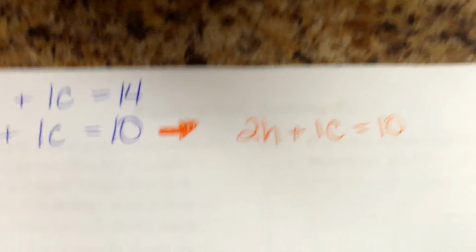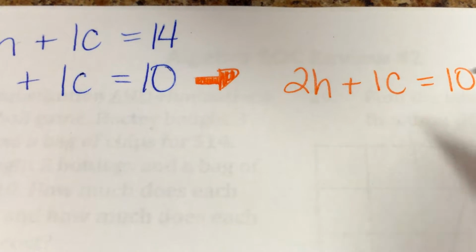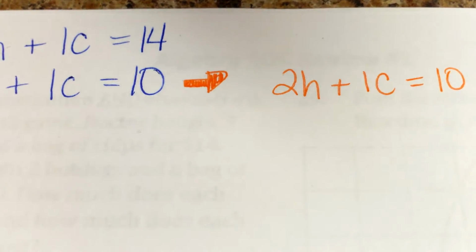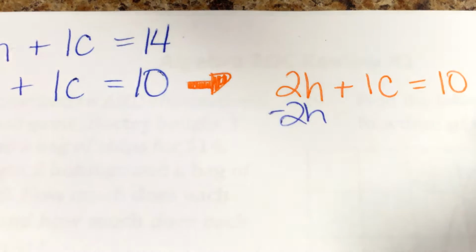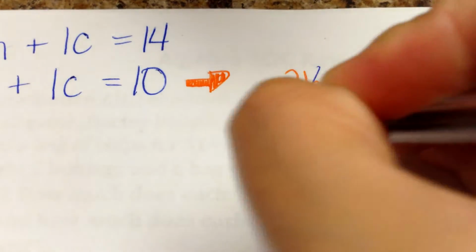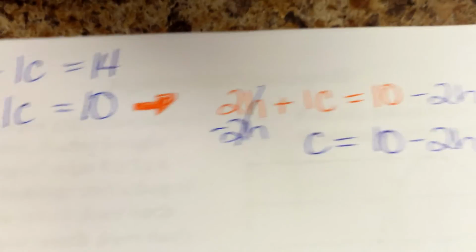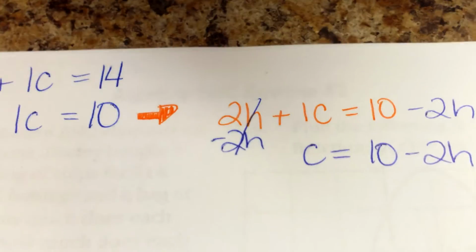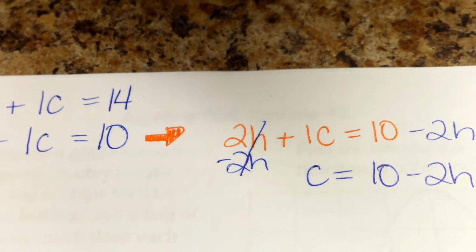So we want a letter by itself. Here C is already a 1 in front. So all I have to do is just move the 2H over to the other side. So I'm going to do minus 2H, minus 2H. This cancels, so I have C equals 10 minus 2H. And that's it. I'm done. Because I have C by itself already.